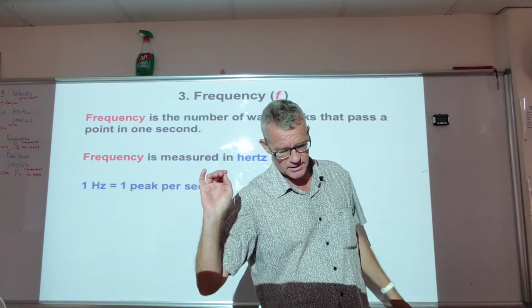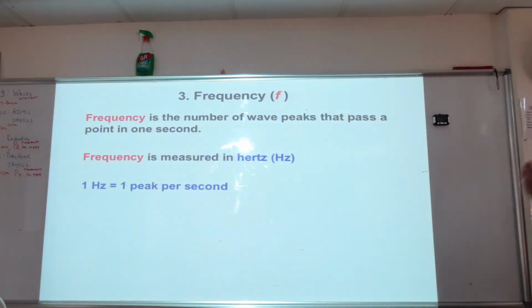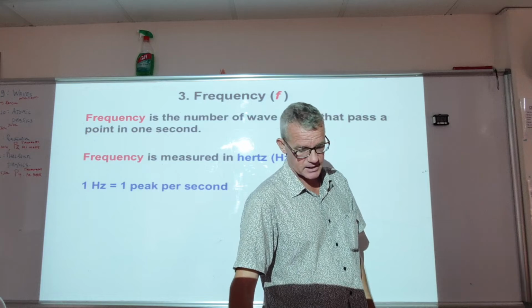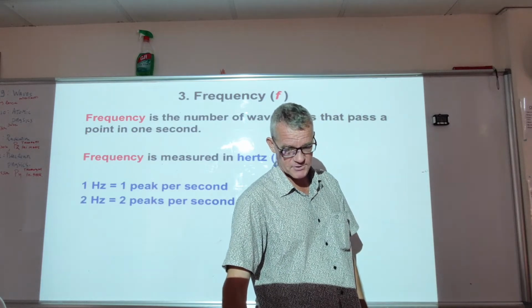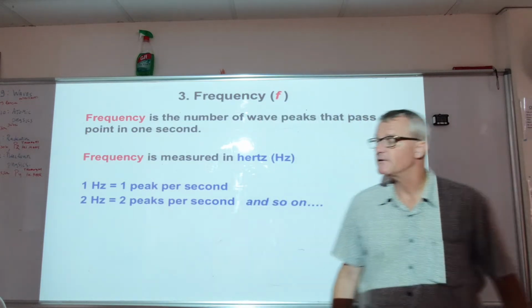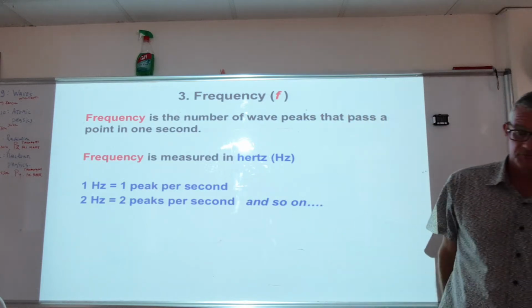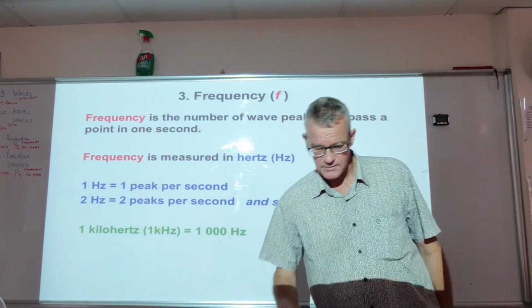The unit, you might have heard of it, is hertz. So 1 hertz represents 1 peak per second. If we have 2 peaks per second, we have a frequency of 2 hertz.